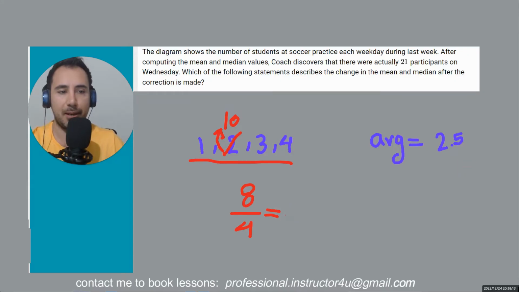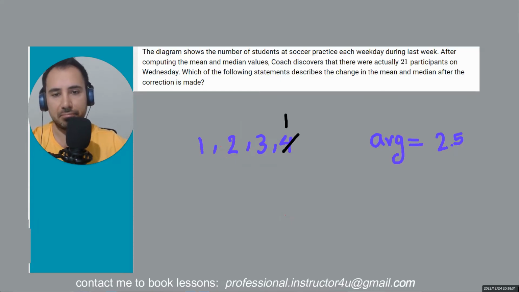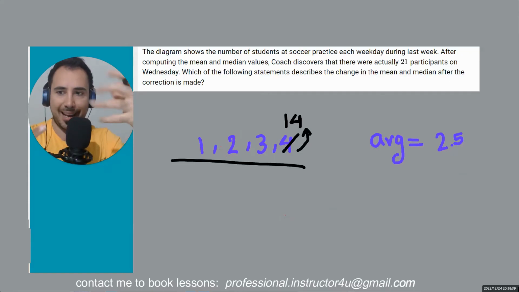Okay, one more time. Now the average is 2.5, and we add to the sum. It doesn't matter in which order. If we add 10 to these numbers, so if I make any of them 14, now what is the average? I added 10 to the sum.